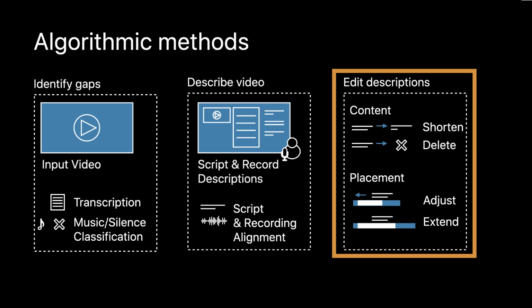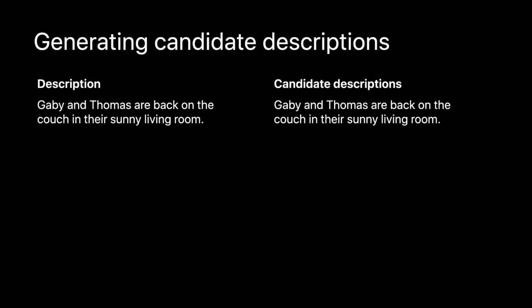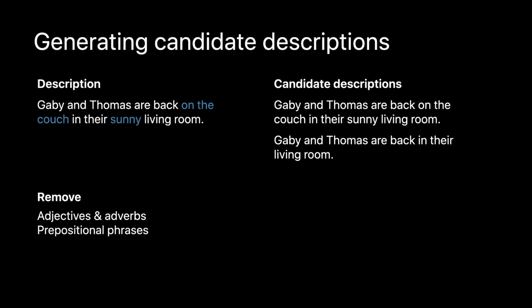We'll talk a little bit more about how we edit descriptions. First, for each user-generated description, we create a set of candidate descriptions for inclusion in the final track. Our first description candidate is just the original description. So here, we'll just have Gabby and Thomas are back on the couch in their sunny living room. From there, we can remove adjectives and adverbs like sunny, or prepositional phrases like on the couch, to get Gabby and Thomas are back in their living room.